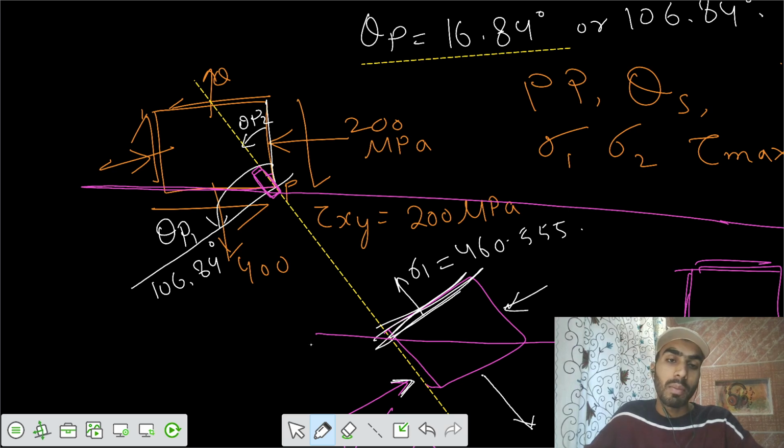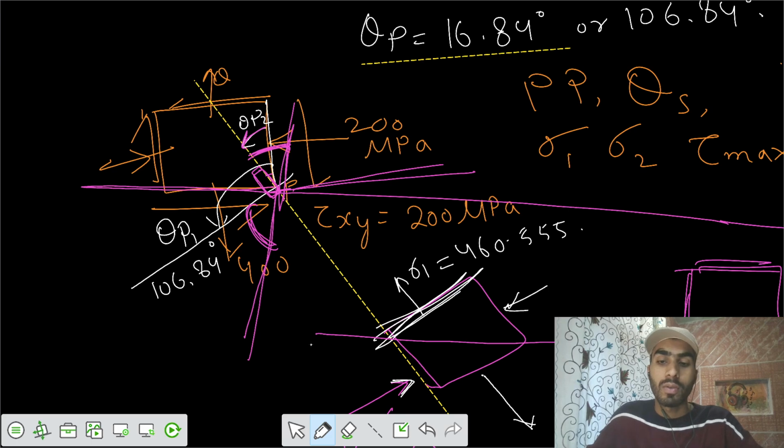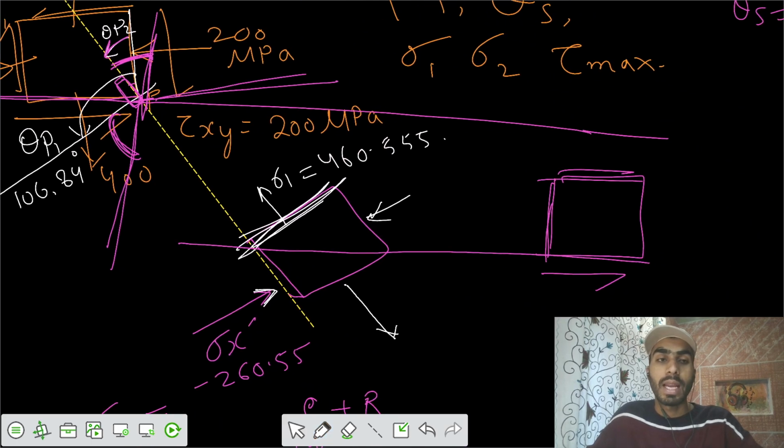It can make an angle of 45 plus theta p2, or we can also say this is also a tau max plane, making an angle of 45 with respect to theta p1, or an angle of 135, and similarly this one is 45. So we can have four possibilities, with negative or positive angle.